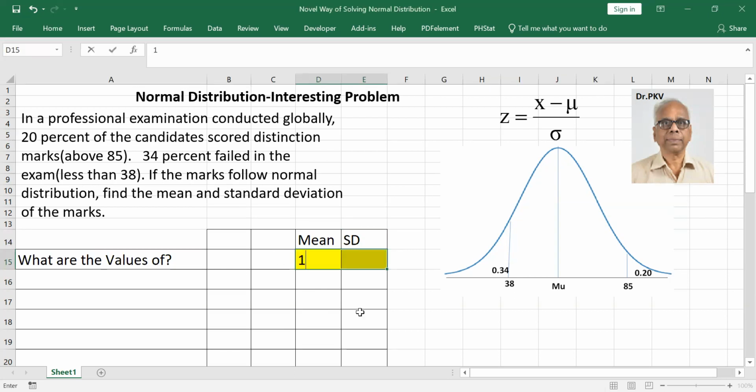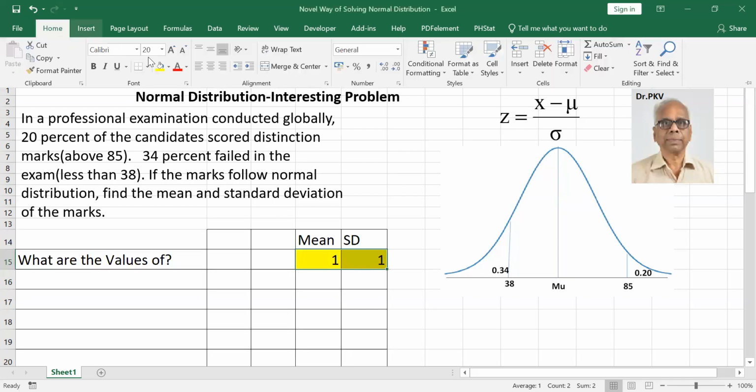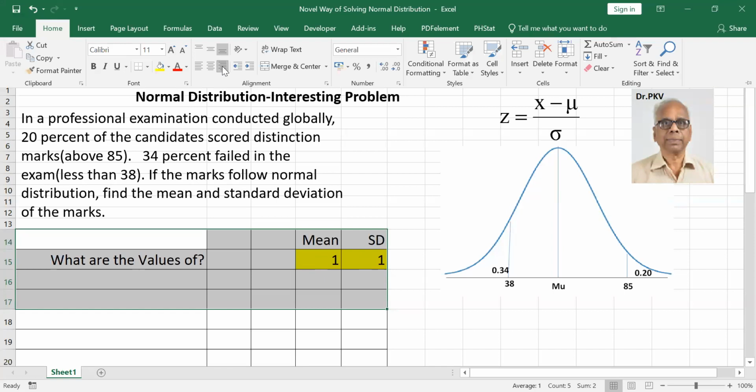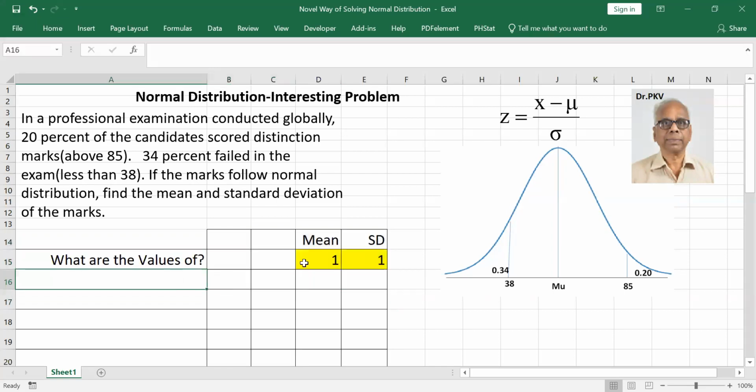And I write some trial values. Mind you, they are not the final values. We will ask the Solver engine to obtain the solution. Let me just make everything right justified so that we will have clarity. So these are unknown cells, cell numbers D15 and E15.